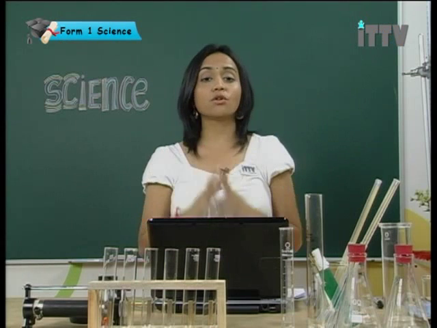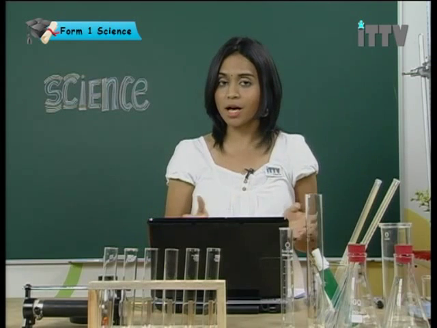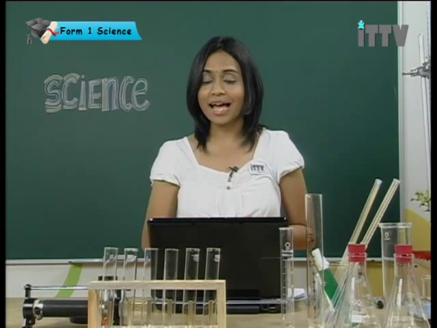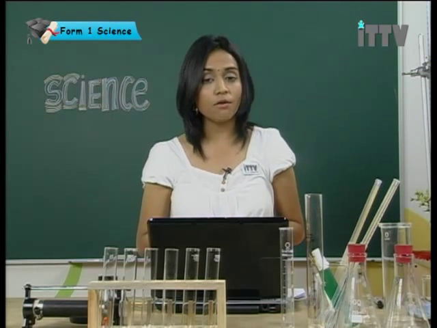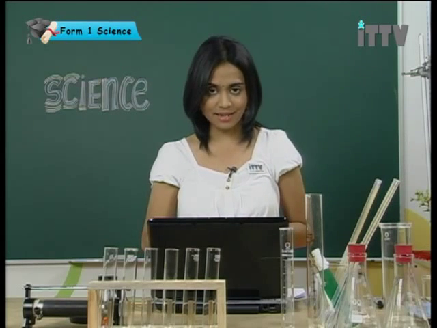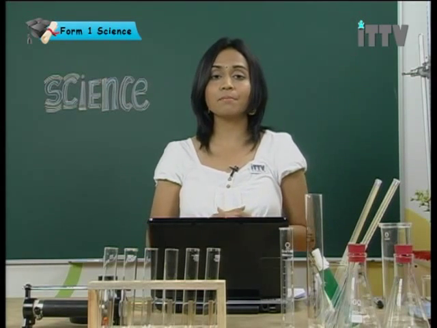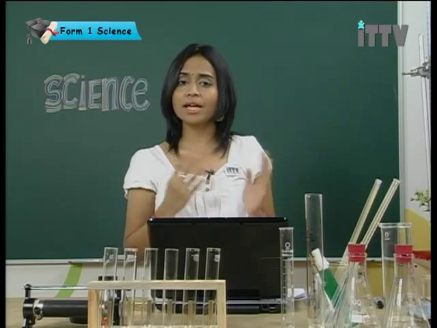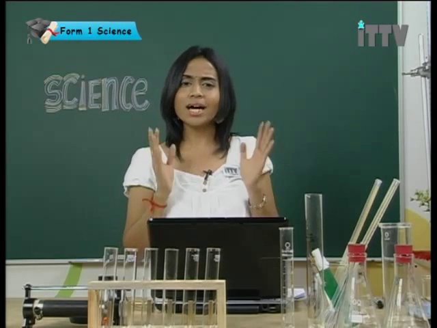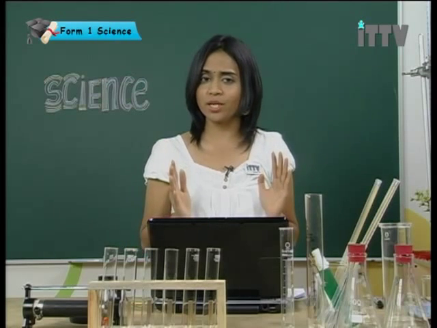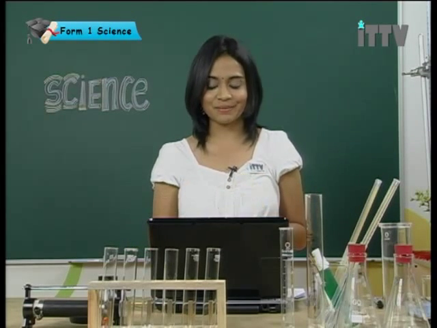So just imagine you're 40 kilograms in mass. So your weight is actually 400 newton. 40 times by 10. So this is the point that you should remember when you remember kilogram and newton and their conversion.